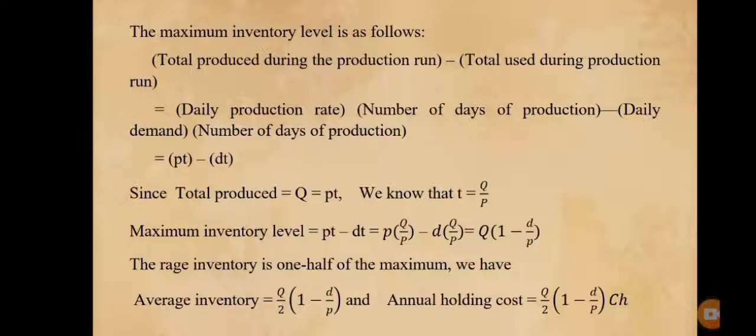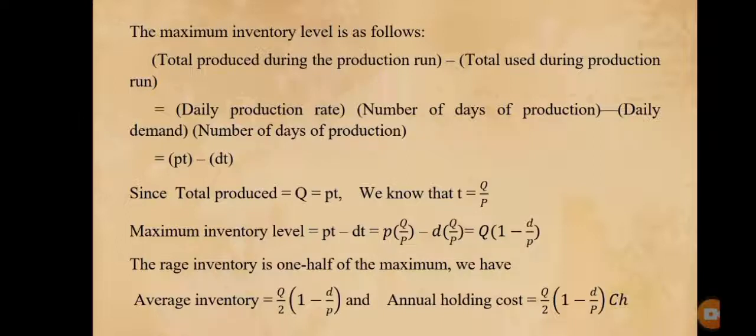So our maximum inventory level will be the daily production rate times the number of units per order over the daily production rate, minus the daily demand rate times the number of units per order over the daily production rate.